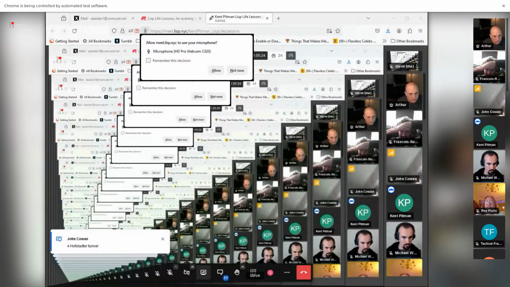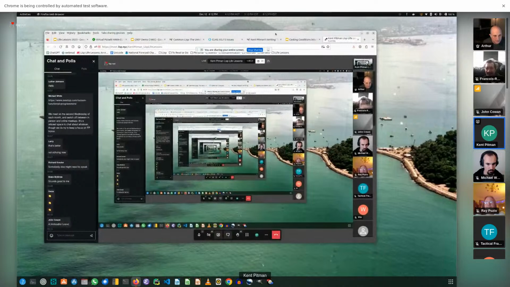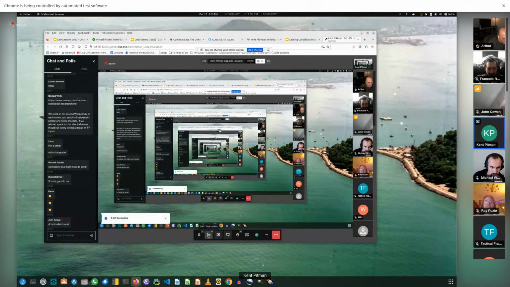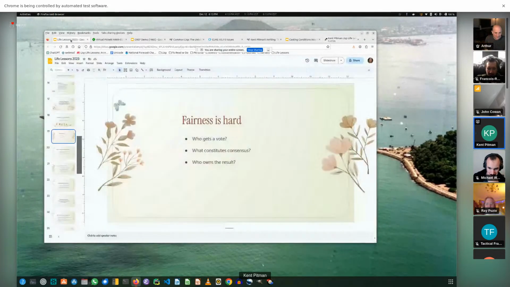Select monitor to share, built-in display, share. Oh, now we're all seeing that. Does this happen to everyone? Yeah, it usually starts at the beginning. What you could do is just open a new tab, leave this open, and then load your presentation. Oh, I see. I got it. There we go.